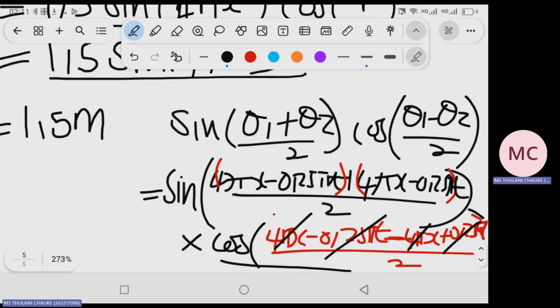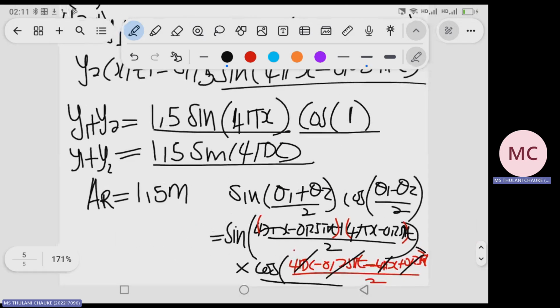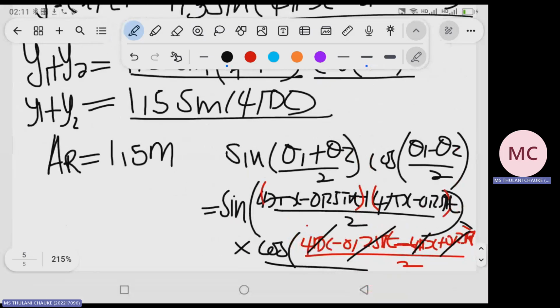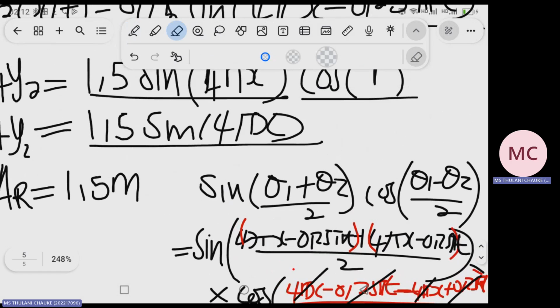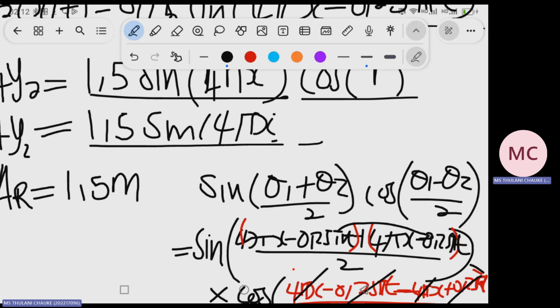And here we'll have 8 pi x divided by 2, then negative 0.25 plus negative 0.25 gives negative 0.5, divided by 2, negative 0.25.